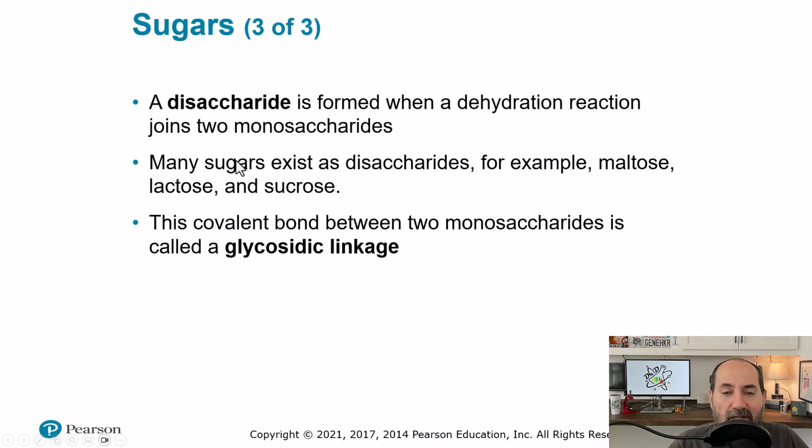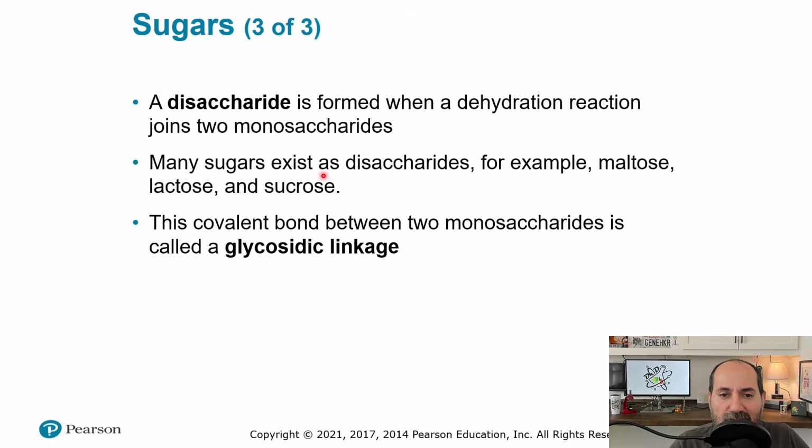Now, remember, you can link 2 of those monosaccharides to one another to form what's called a disaccharide. Di meaning 2. Now, when they are linked together, remember that process of linking monomers together, in this case, linking monosaccharides together, is called dehydration reaction. Remember that? Dehydration reaction.